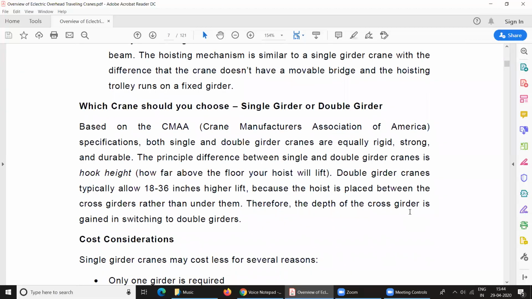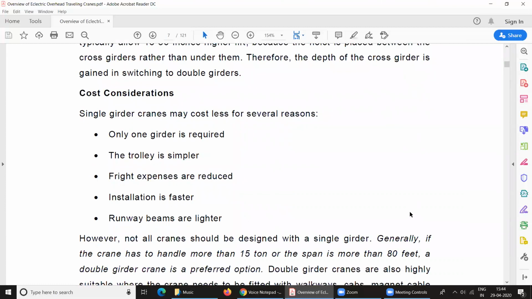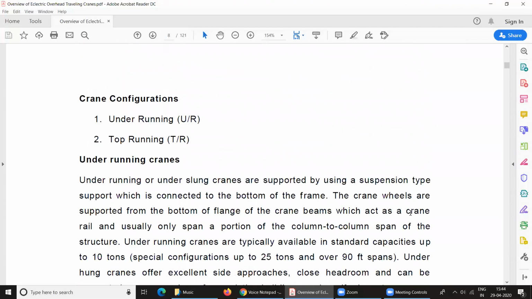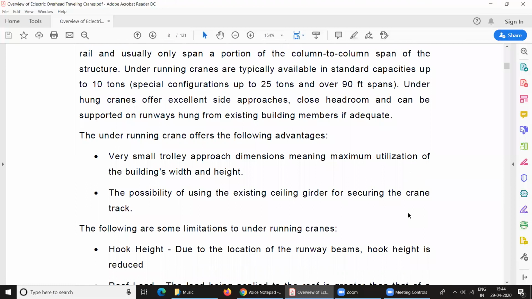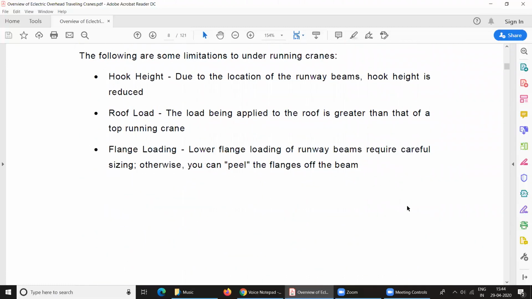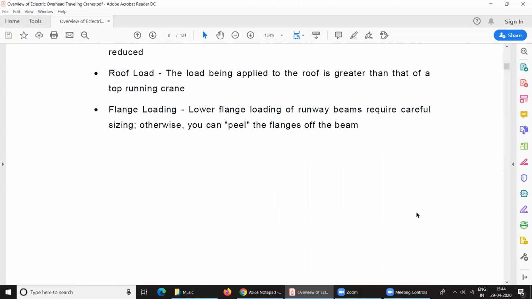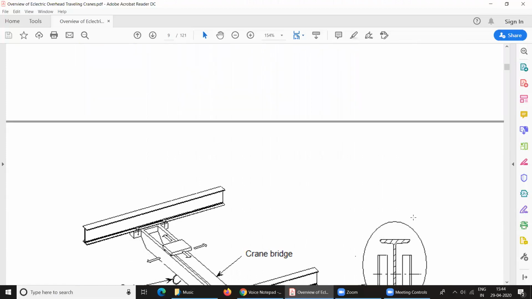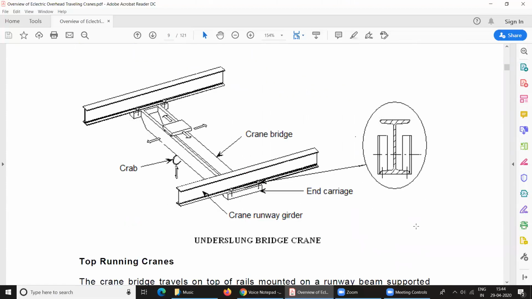Yes, there are some cost considerations which we are already discussing. Now let me tell you about the overhead traveling crane or bridge crane. Yes, this is an underslung bridge crane. You can see the bridge.